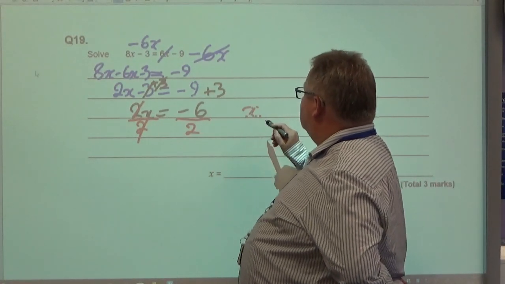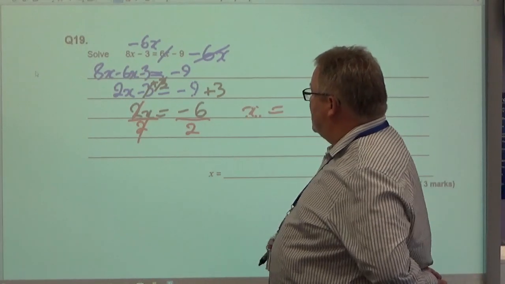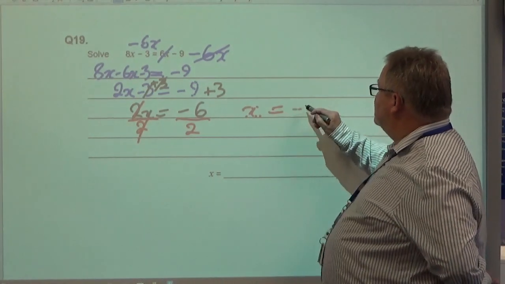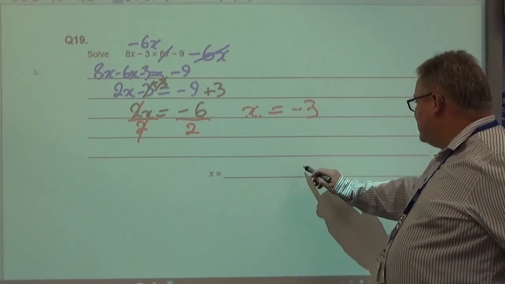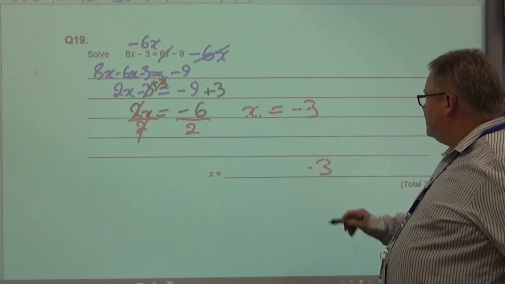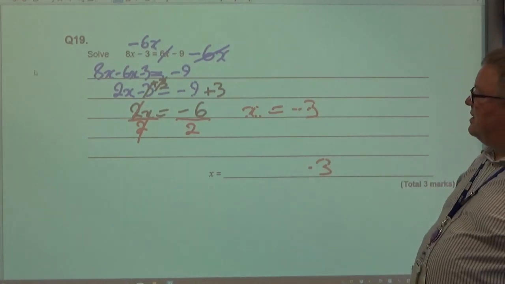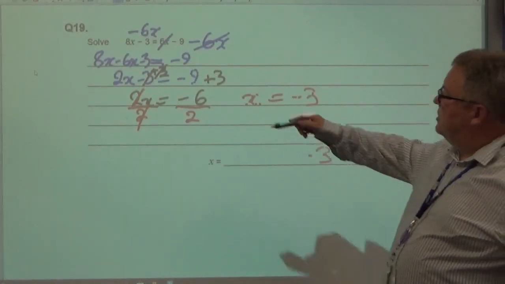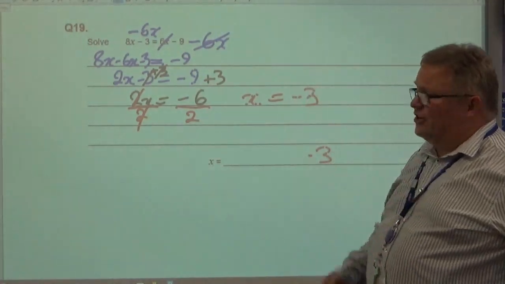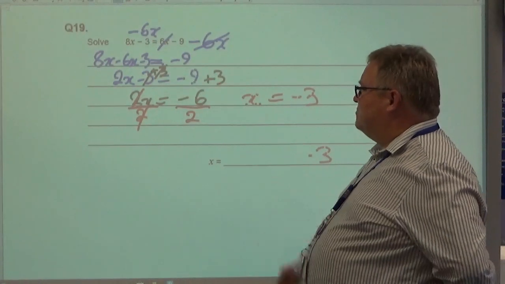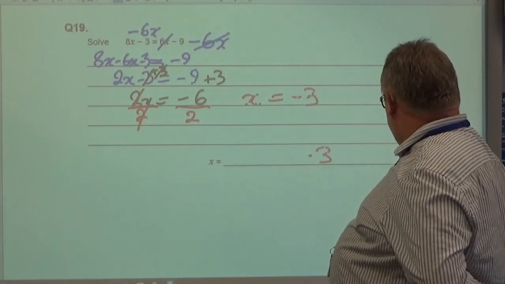So x then equals negative 6 divided by 2. So that's going to give us negative 3. So, okay, our answer down there is negative 3. Try and make it nice and neat and keep your equal lines there. Do it neater than I've done it on here, but that's because I'm just working on a board. So, okay, yeah, next question.